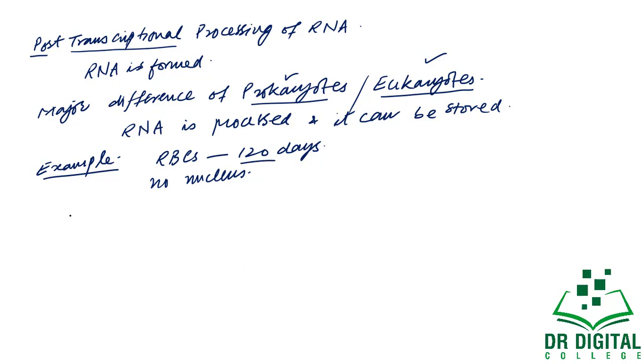No, actually their mRNA is present in them. All the messenger RNA required for the life of 120 days is synthesized from the DNA and is present, although there is no DNA. As there is no nucleus, there is no DNA.